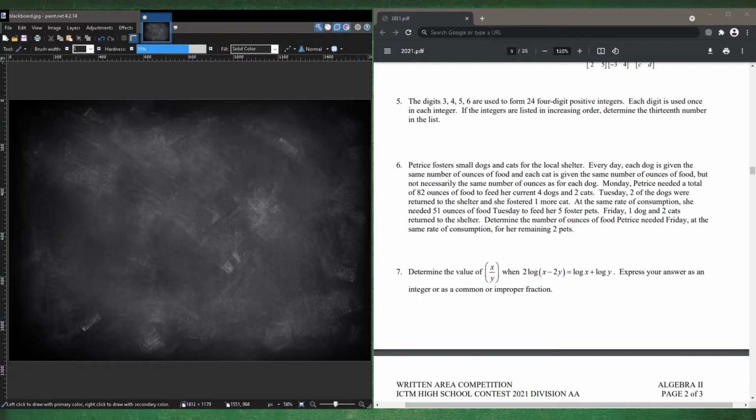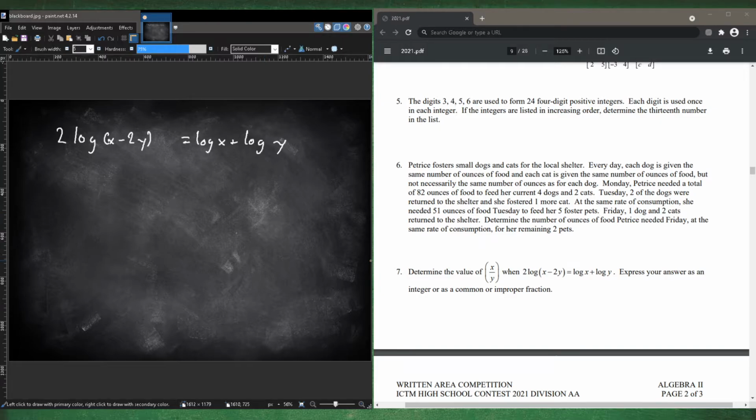Okay, number 7. Determine the value of x divided by y when 2 log(x minus 2y) equals log x plus log y. Let's write this down first: 2 log(x minus 2y) equals log x plus log y. I noticed log x plus log y gives us log xy, which is not what we want.